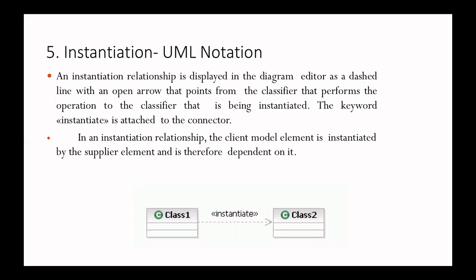The keyword instantiation is attached to the connector in an instantiation relationship. The client model element is instantiated by the supplier element and is therefore dependent on it. It shows two classes related by this instantiation.